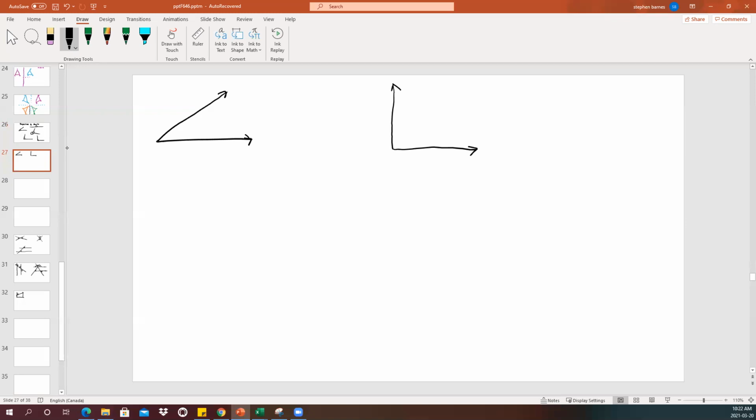So that's why we're going to go through the different types of angles, even though it may seem a little basic, all right? Okay, no problem. So there are 5 types of angles.